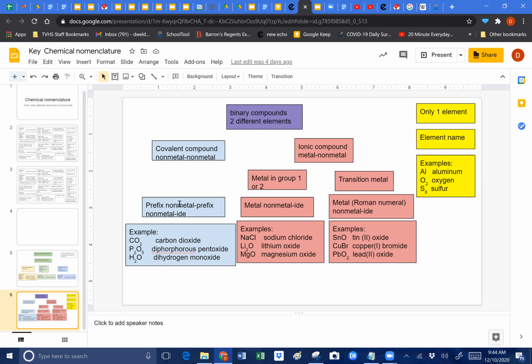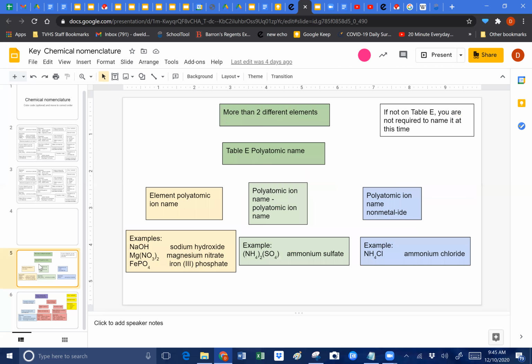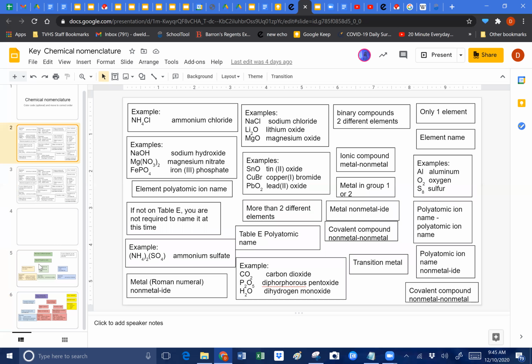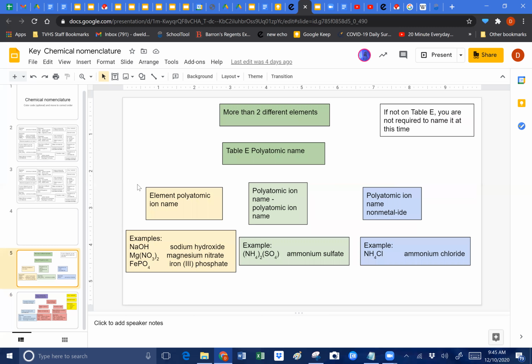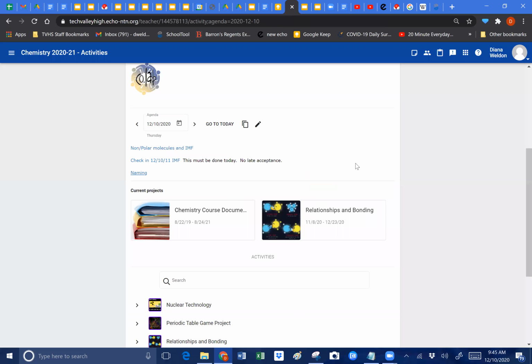Oh, the prefix I didn't say here, but that is how many atoms of that element there are. Dihydrogen monoxide is right here. So this is kind of like the rules. These 2 pages are the rules for naming so far. I had wanted you to organize these boxes into rules like this. But if you are still confused, you can maybe use that for kind of a guide.